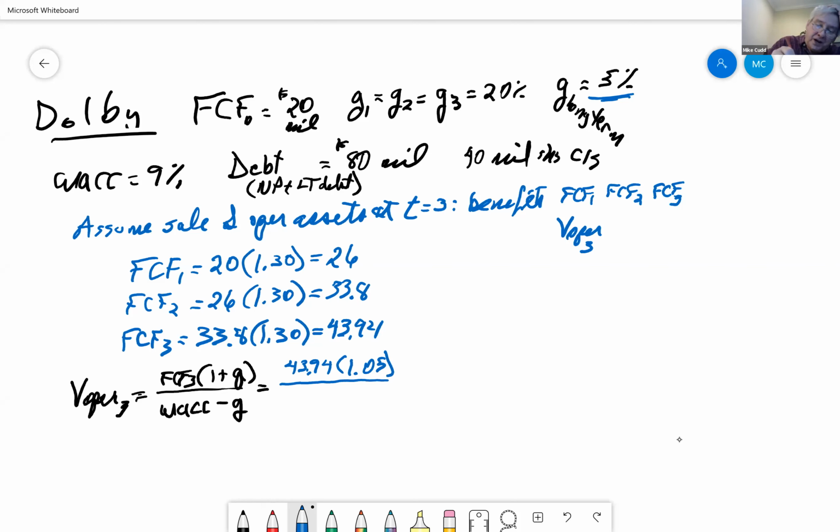And our cost of capital is 9 minus that constant growth rate. I'm getting 922.74 mil. These are all in mils.